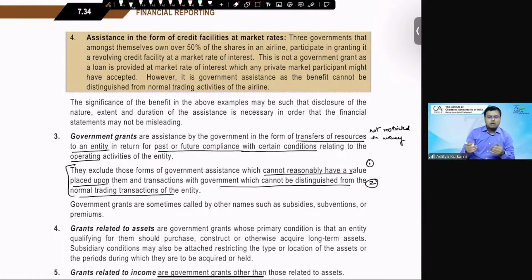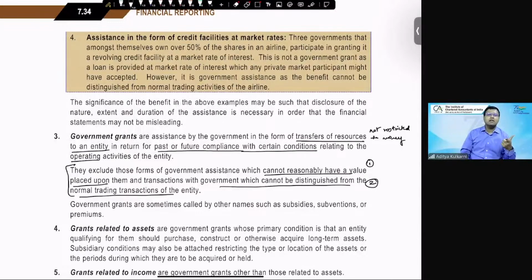Okay. So government grants involves transfer of resources. It could be monetary, it could be non-monetary, and it comes with typically certain conditions relating to the operating activities of the entity receiving the grant. It excludes two things. What is it? First one, transfer of certain assistance which cannot have a monetary value assigned to them, which cannot have a value placed upon them.